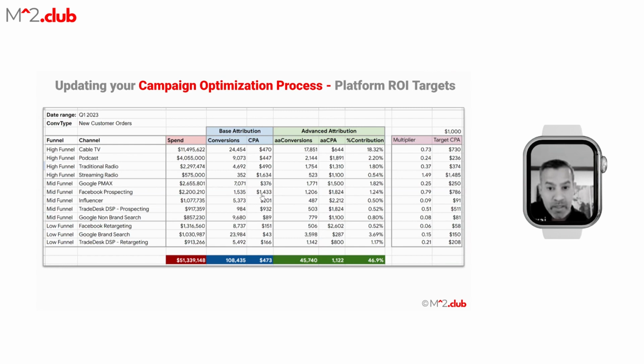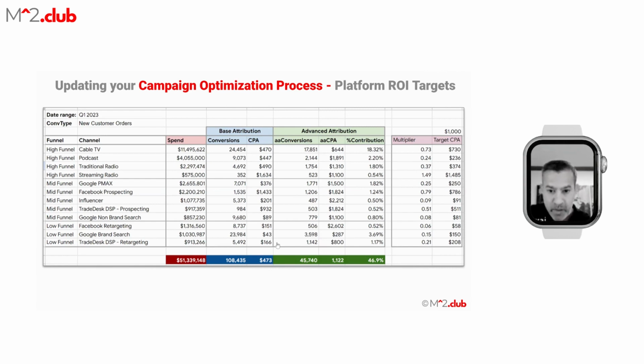So let's take another example. Cable TV is a bad example. Let's see if we have something in Google, PMax is also reducing spend. Any place with increasing spend? Here, maybe Google branded search, but it's a bad example again, because you're probably going to buy as much branded search as you can buy.